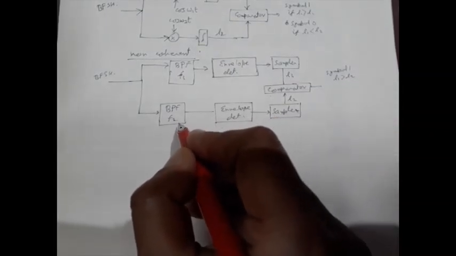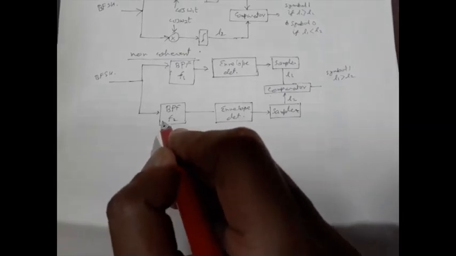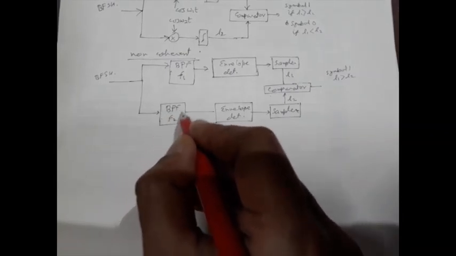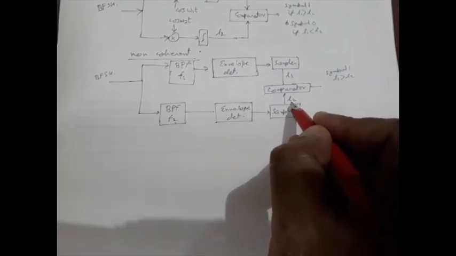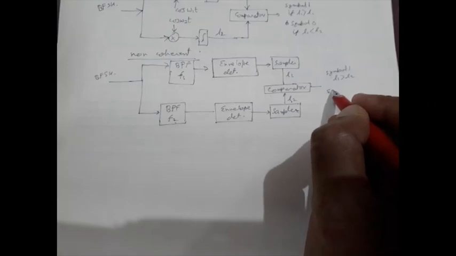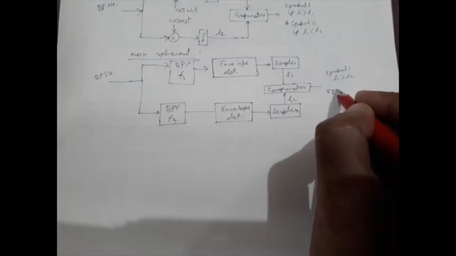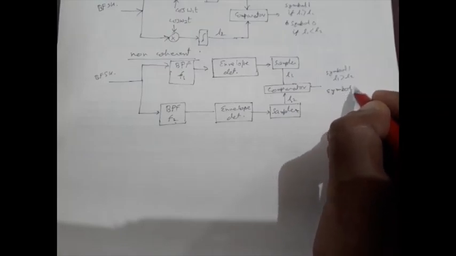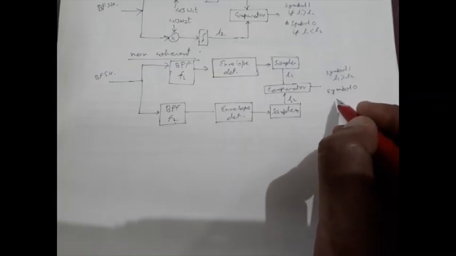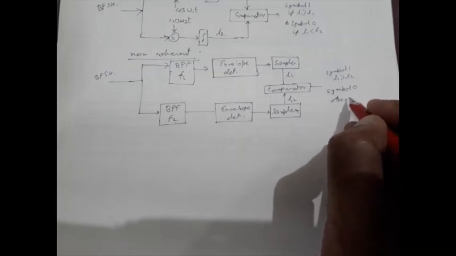Similarly, when we transmit 0, that means we will have a carrier at frequency close to F2, so L2 will have some finite value where L1 must be a very small quantity. So under this condition we will select symbol 0.